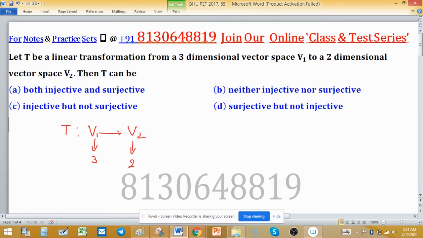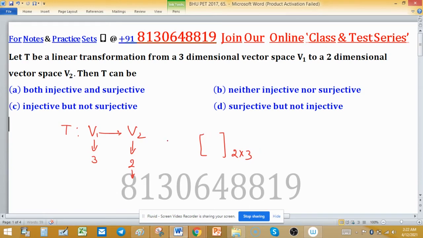For a linear transformation there exists a matrix representation with respect to a basis. The matrix representation has size 2 by 3, meaning the dimension of the codomain becomes the rows and the dimension of the domain becomes the number of columns.